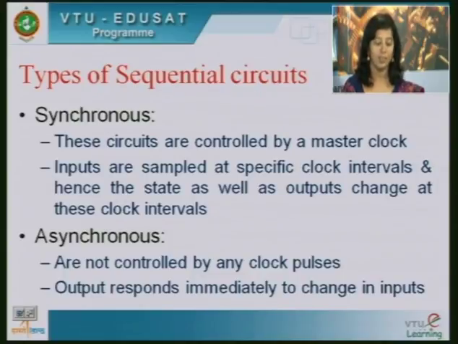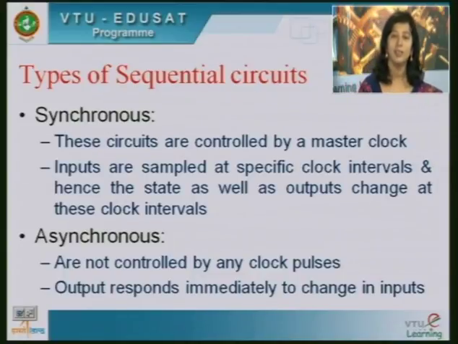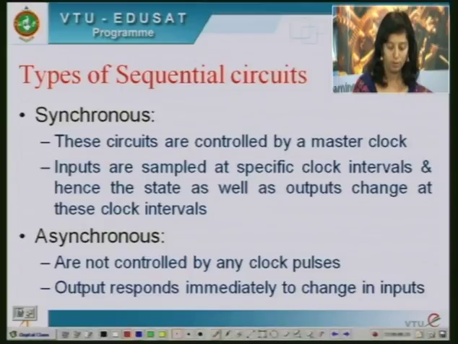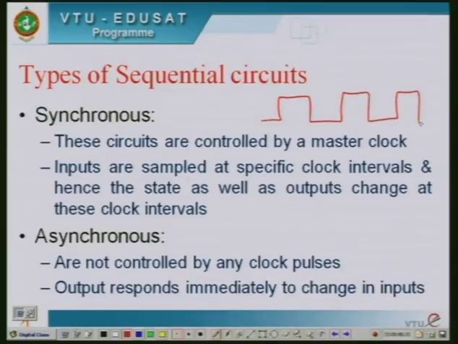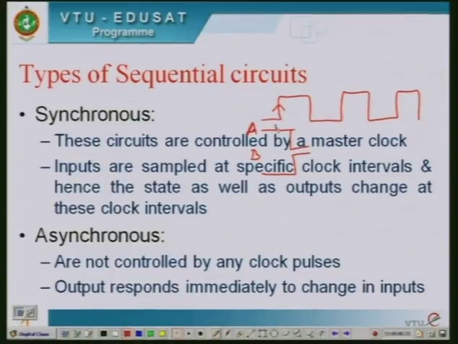Generally, what clock signals do we use? We normally use square waves for clock signals. At the rising edge the inputs are sampled, maybe the input A which is high and input B. So, input A was high, input B can be low, this is 1, this is 0.